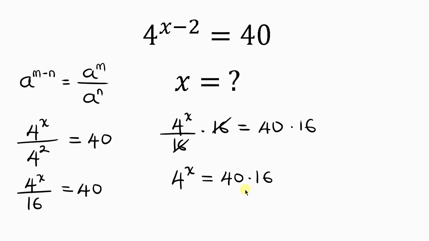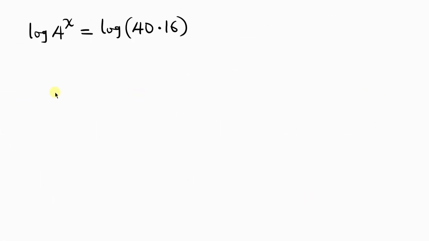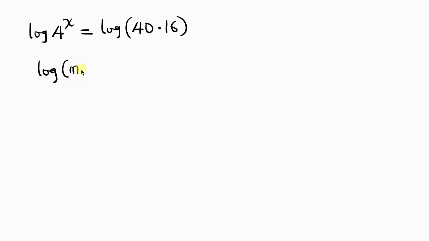Now our next step will be for us to take the log of both sides. So I'll take the log of the left-hand side, which is 4 to the x. This is equal to, I'll take the log of the right-hand side, which is 40 times 16. Very good. Now, our next step will be for us to apply the law or property of logarithm, which says when I have the log of m times n, this is equal to the log of m plus the log of n.